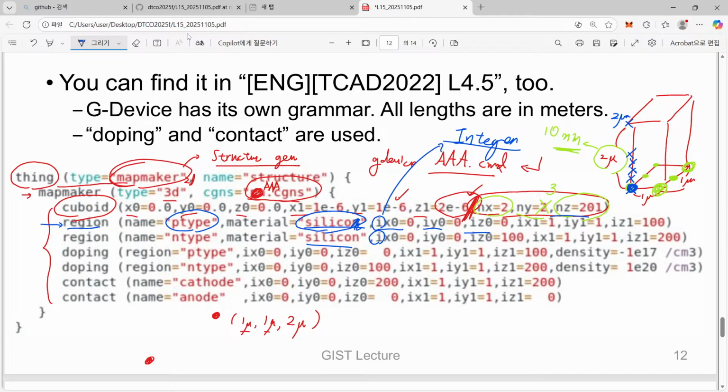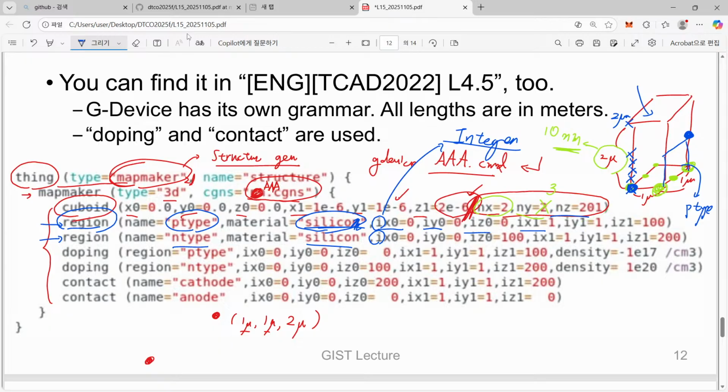And another one, ix1, iy1, iz1, corresponds to the midpoint of your structure. So simply speaking, this region specification means that the lower half is named as p-type region and has silicon material. You can repeat the same thing with the upper part, which is n-type, named in this way.